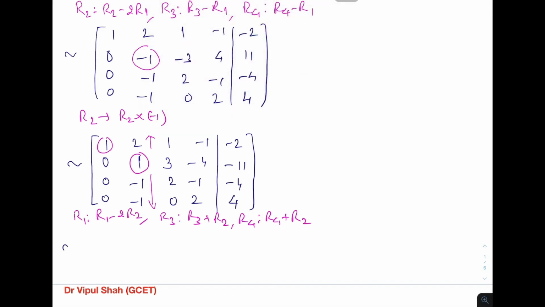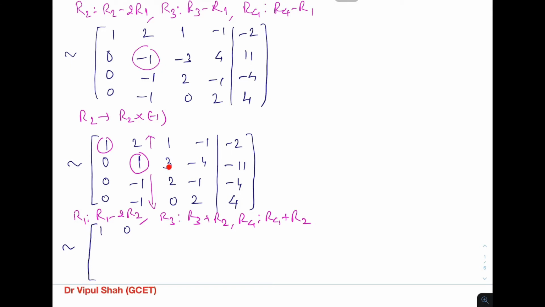Now R1 minus 2R2, so multiply this with minus 2 and add here, so that will be 1, this is 0.